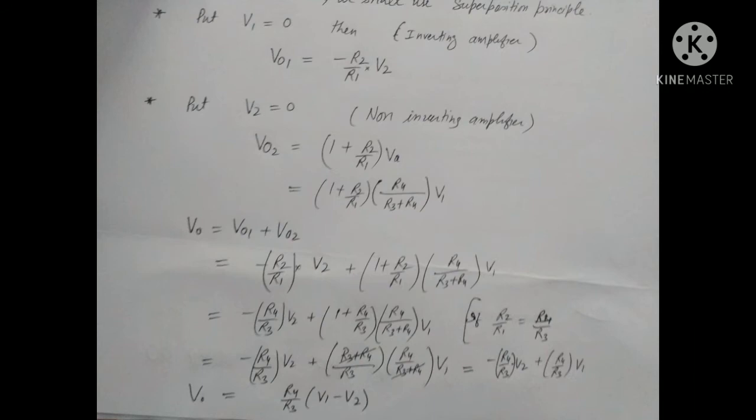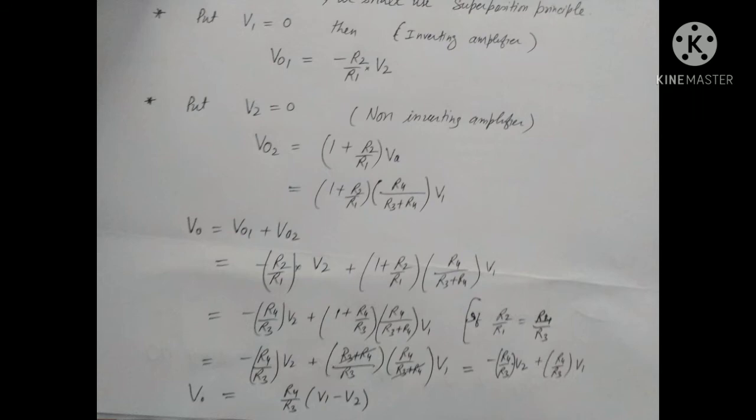Then simplifying this and putting the value of R2 by R1 equal to R4 by R3, we are assuming this condition that the ratio R2 by R1 is equal to R4 by R3.